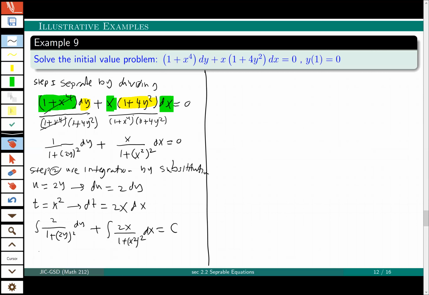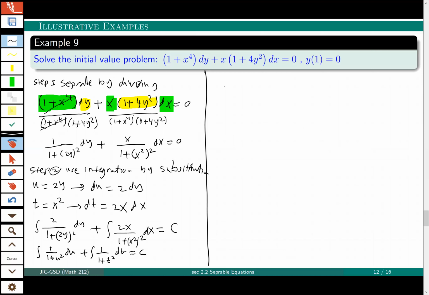Now doing the substitution, I will get 1 over 1 plus u squared du, and here, doing the substitution, I will have 1 over 1 plus t squared dt plus constant.